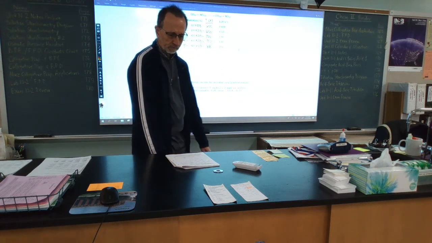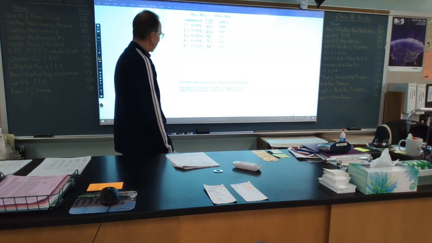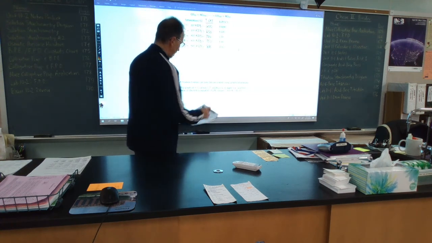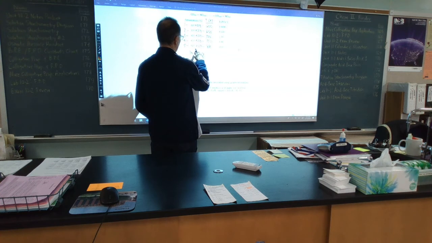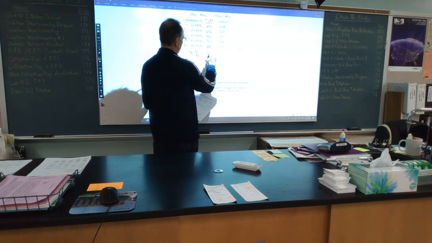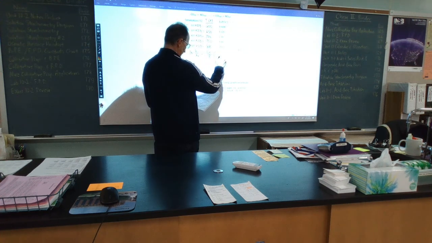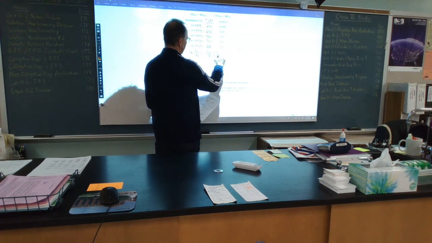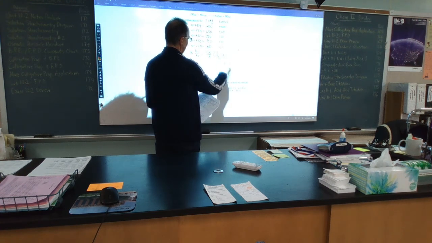So keeping that in mind, let's write down the Arrhenius equation. The natural log of K1 over K2 is equal to the activation energy over R times the quantity 1 over T2 minus 1 over T1.